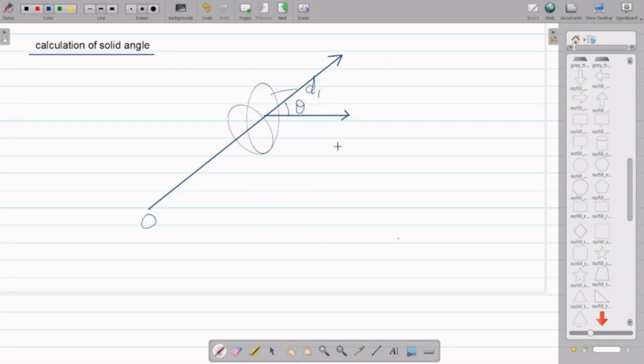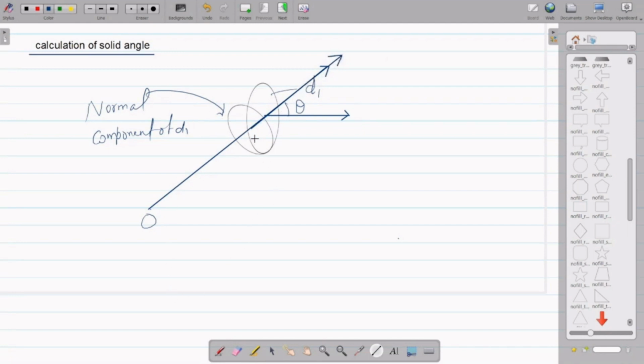So what I need to do, I need to take the component of D1, and this surface is basically what? The normal component. Normal component of D1, right? If you draw the normal to this surface, then it comes out to be along the same direction as the direction of line of sight, right?